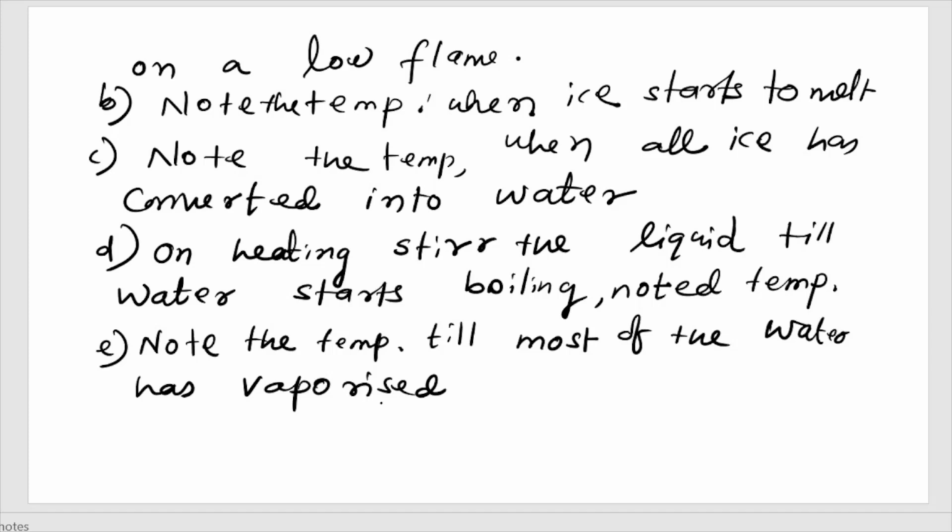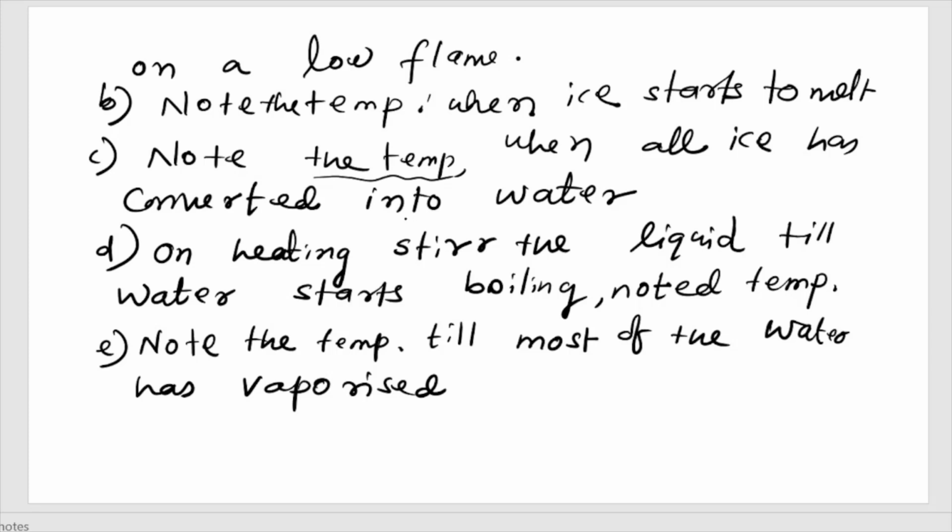Note the temperature when the ice starts to melt. You can't easily observe whether all the ice is melting, but when all the ice has melted, note the temperature again.